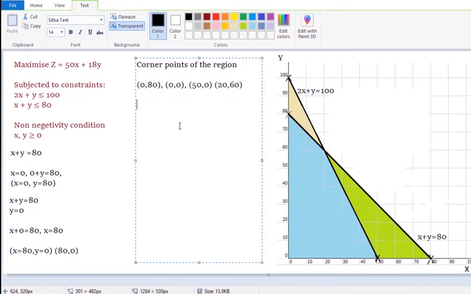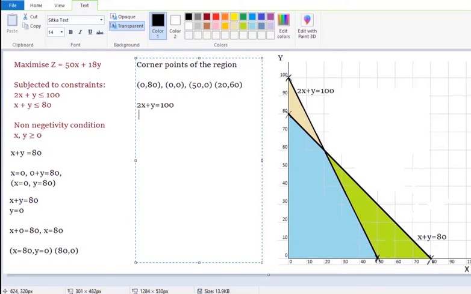I will write both the equations and then I will subtract one equation from the other. Those who do not know how to solve it, please watch carefully. I'm going to write both the equations first. 2x plus y equal to 100.